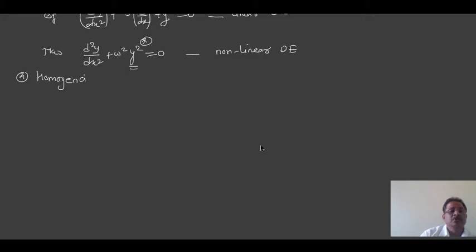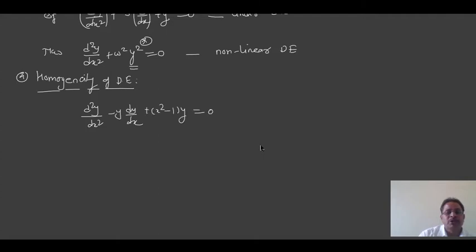Homogeneity of a differential equation. We'll directly go for its example, and then we can understand very easily. For example, d square y upon dx square minus y into dy by dx plus x square minus 1 into y is equal to 0.